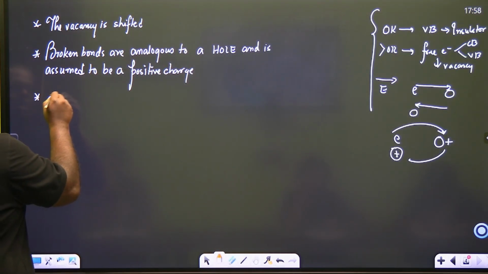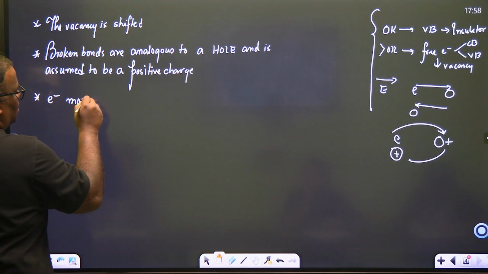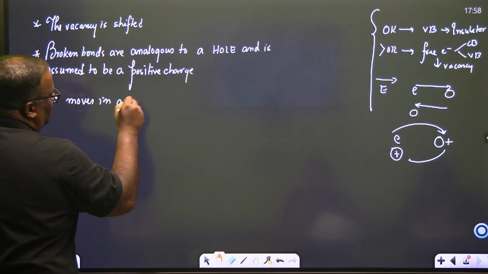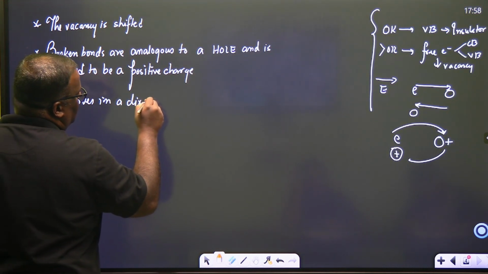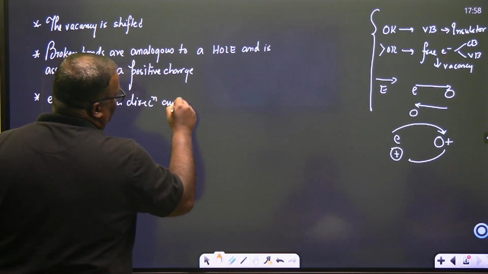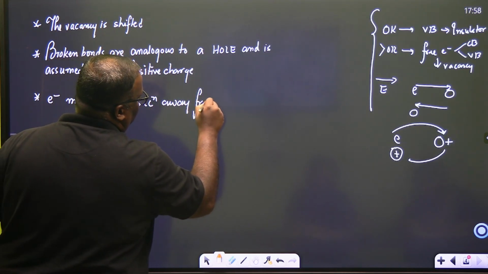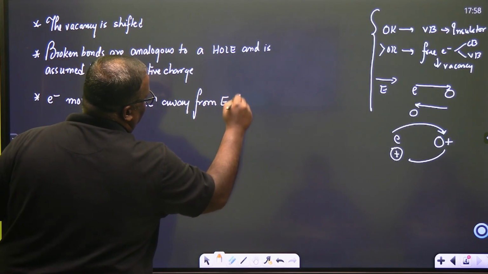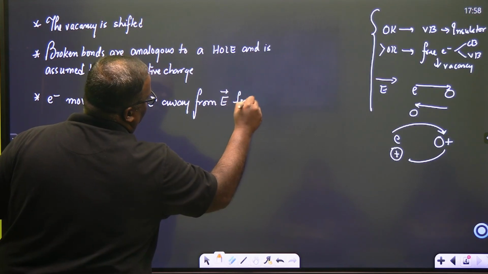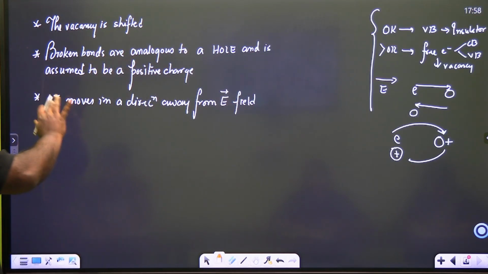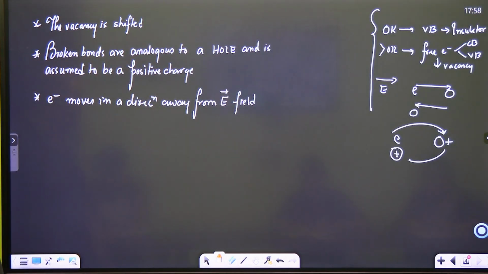So the electron moves in a direction away from the electric field. Is there any difficulty in understanding this? No, because the electric field is always designated by how a positive charge would move.